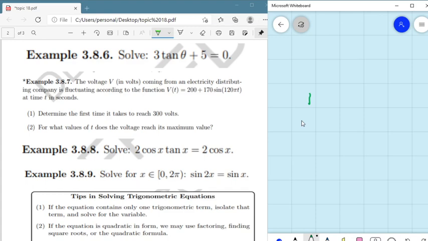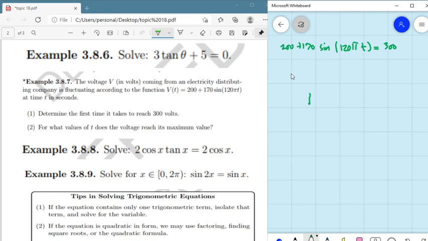For number 1, we are going to solve V of t, which is 200 plus 170 sine of 120 pi times t is equal to V, which is 300.